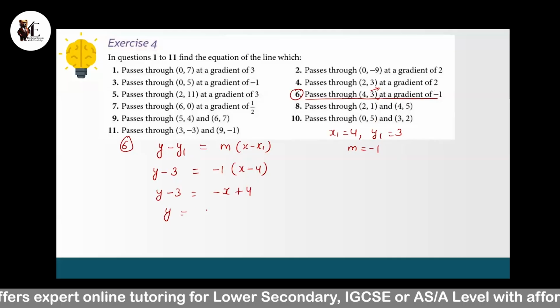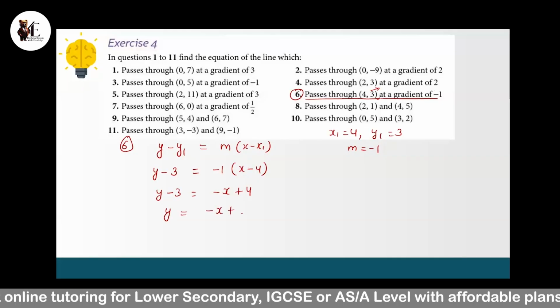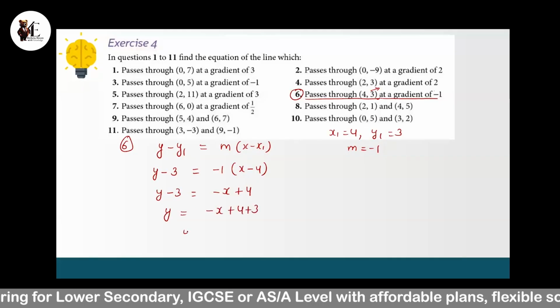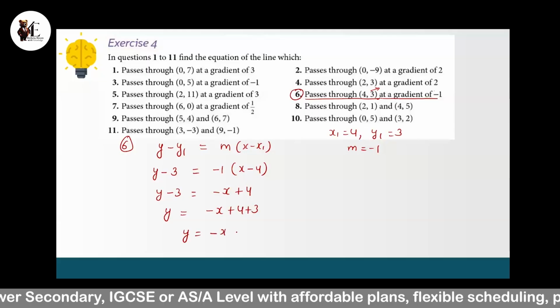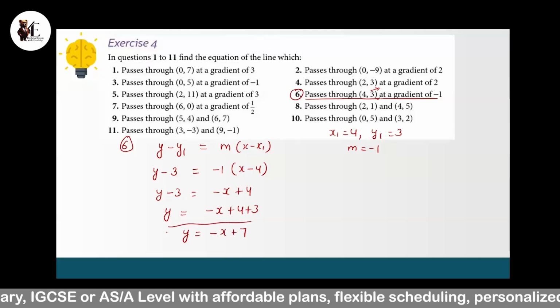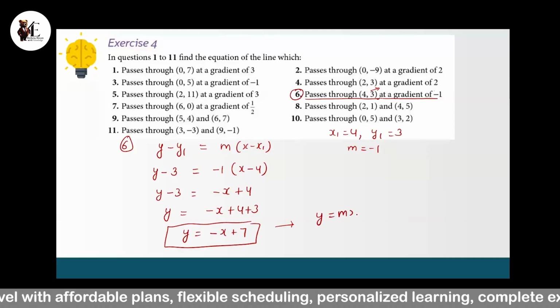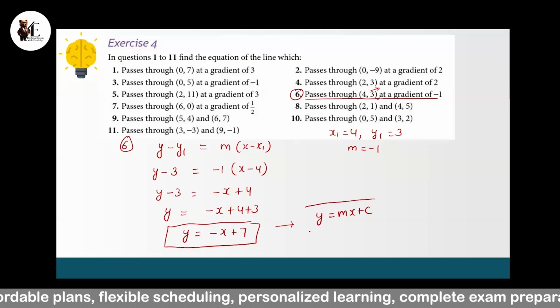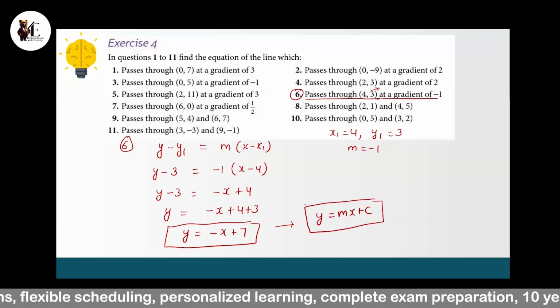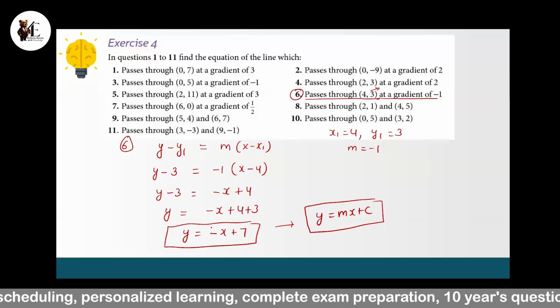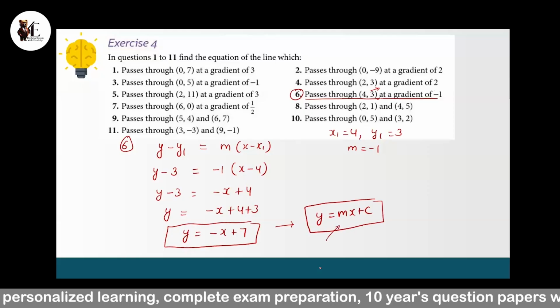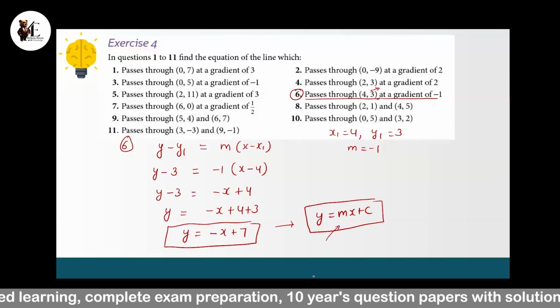Transposing this -3 to the other side, minus x plus 4 plus 3. So our equation will be y equals minus x plus 7. You have to write every equation in this form: y equals mx plus c. Whether the line is passing through 1 point or 2 points, it doesn't matter. Your final equation should be in this form, and y should be the subject of the equation.